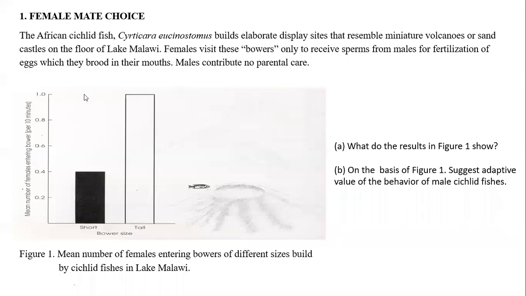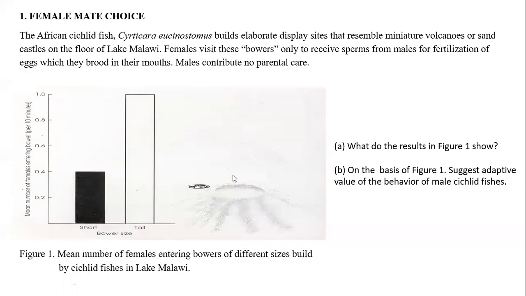So even before we go to the data set itself, we need to collect ourselves and say, what is going on here? The first thing we need to remember is we're talking about fish. Number two, in these fish, the males build some volcanoes or sand castles. So you can see here, that's kind of a mound that is built by a male on the floor of the lake.